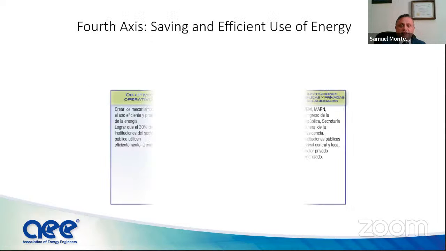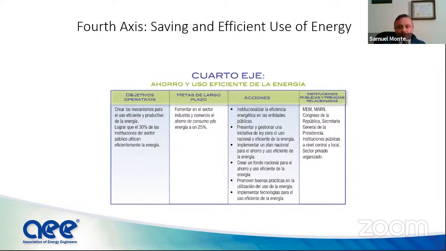Okay, the axis of saving and efficient use of energy has operational objectives: create mechanisms for the efficient and productive use of energy, and achieve that 30% of the institutions of the public sector use energy efficiently.